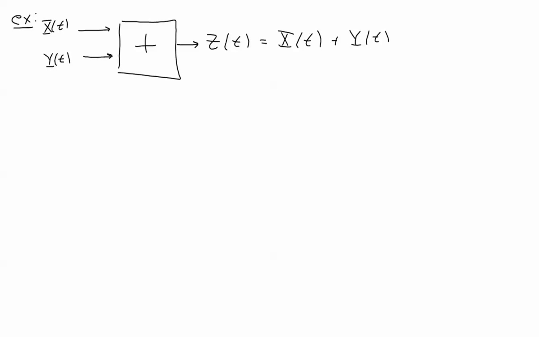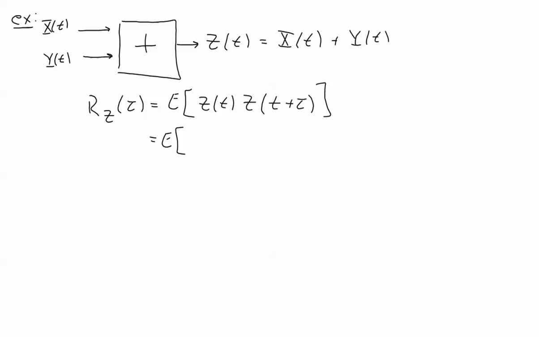What I'm interested in is finding the autocorrelation of the output. How does that, what's that look like? Well, let's plug in what z is.